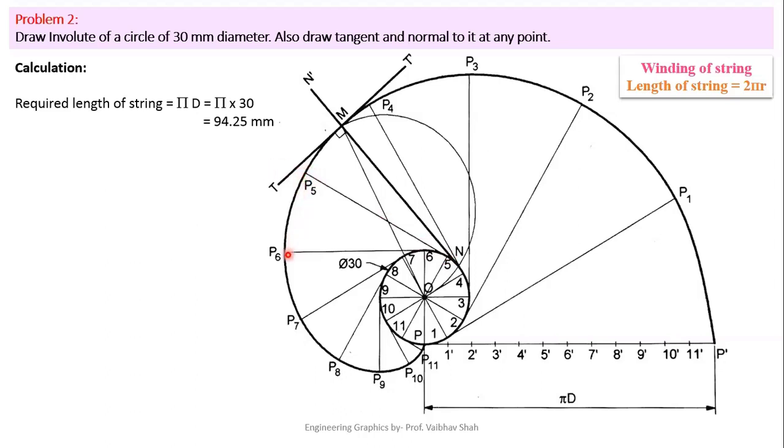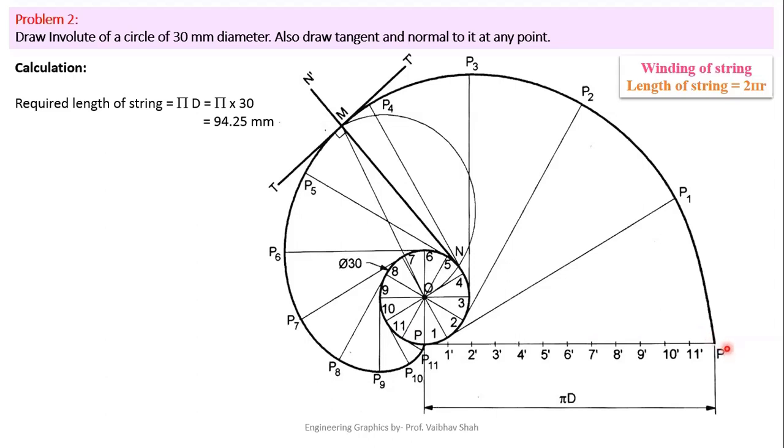Likewise, you have to get points P6, P7, P8, P9, P10, P11, and the 12th point or final point would be the overlapping point over the circle. This will be your point P, or you can say P12. So after getting all these points, it is very simple.